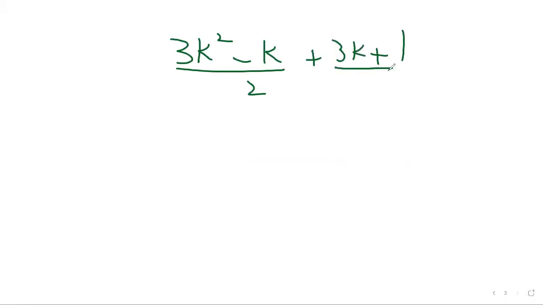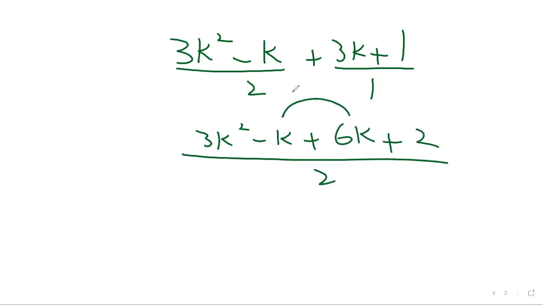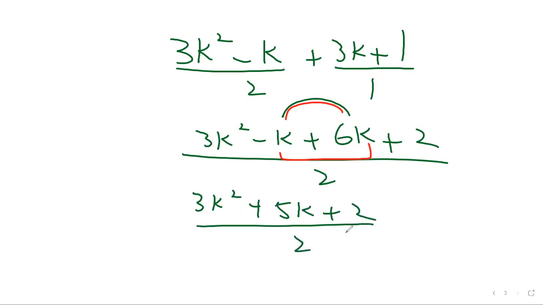We will just take the LCM. It will become 3k square minus k, 3 2s are 6k, 2 1s are 2, upon 2. We will simplify it. It will become positive 5k. 3k square plus 5k plus 2 upon 2.